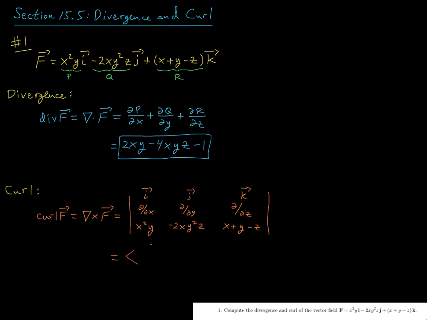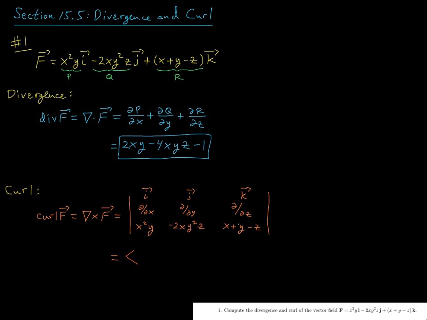The other thing you have to keep in mind is that when you expand determinants, you're not applying traditional multiplication. These differential operators are taking derivatives. So let's check it out. For the i component of the curl, I'm going to delete column 1 and row 1, and then take the determinant of the resulting 2 by 2 matrix.